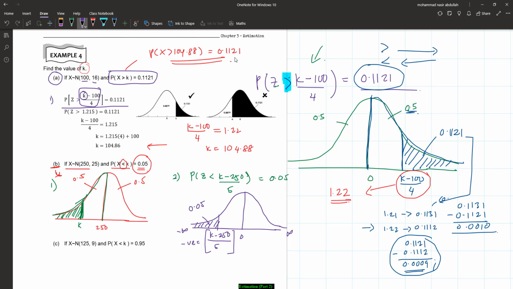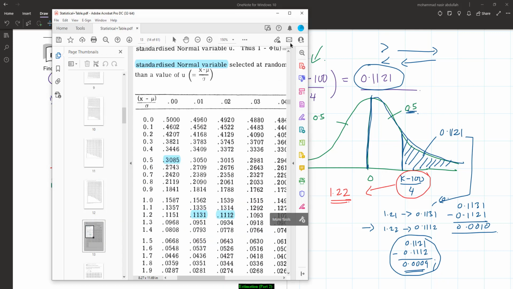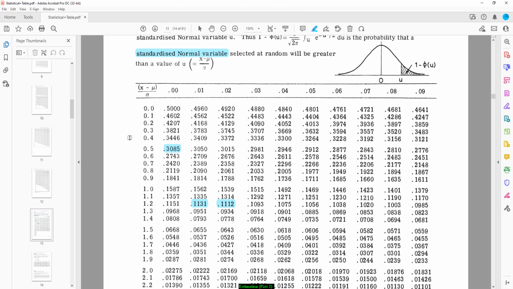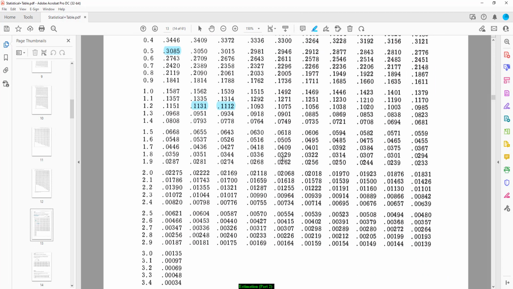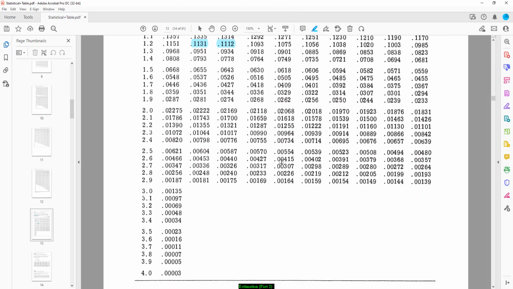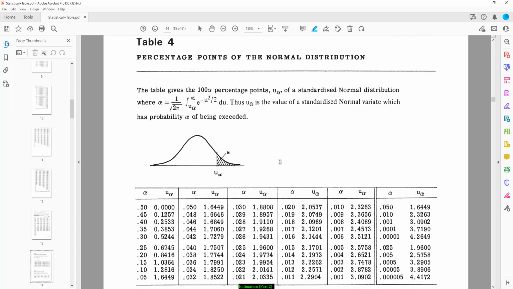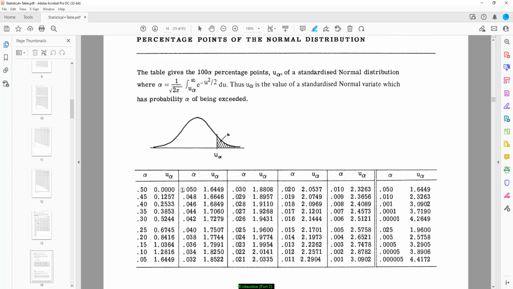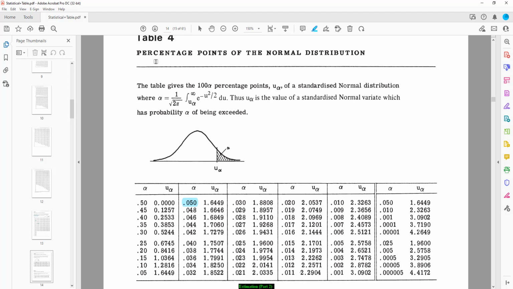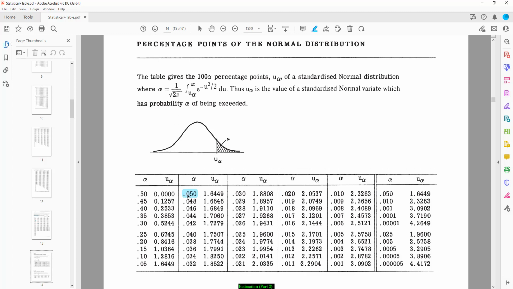Can understand? So now let's look at the statistical table for 0.05. So 0.05 is quite a solid number, right? It is not a number with many digits. So 0.05 is this one. We look at table number 4, 0.05. So it should be 1.6449.